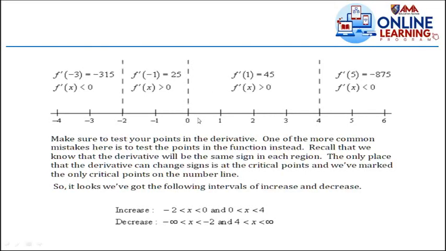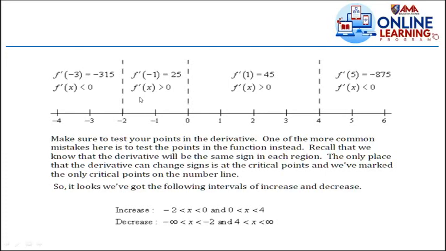Up to 4, if x is equal to 1, the answer is 45. But if x is 5, the answer is negative 875. If x is negative 3, the answer is negative 315.